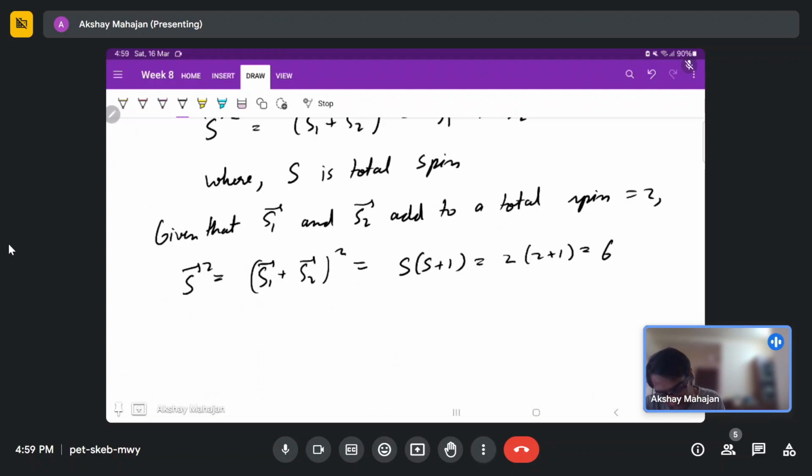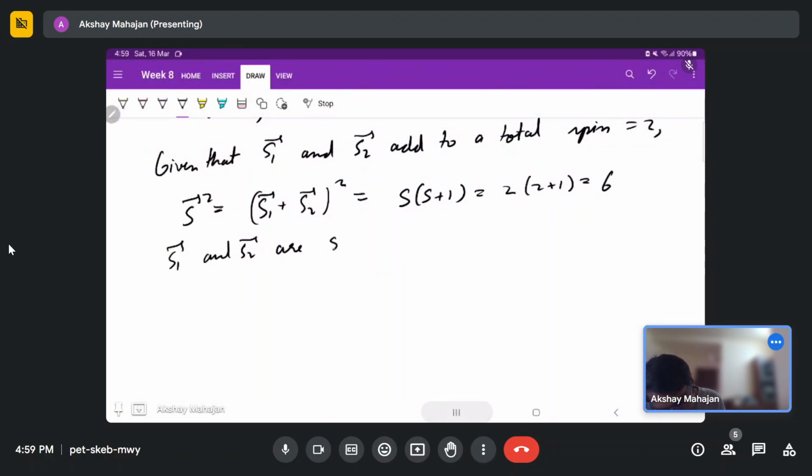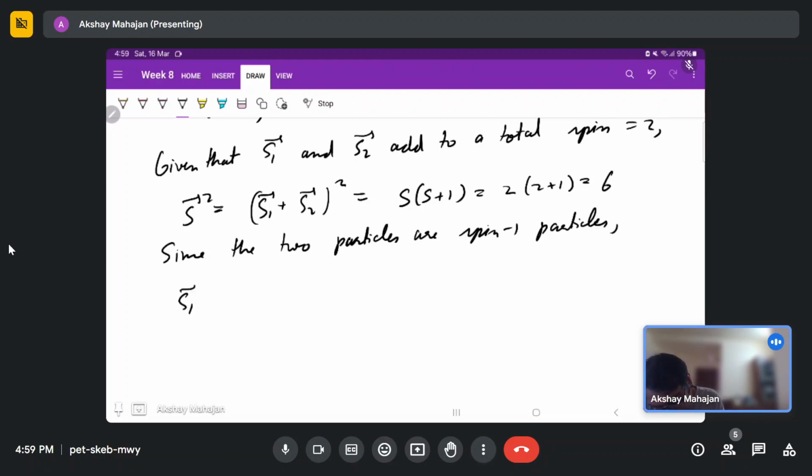Now similarly, s1 vector and s2 vector are spin 1 particles. Since they are spin 1 particles, s1 vector square is equal to s1 times s1 plus 1.